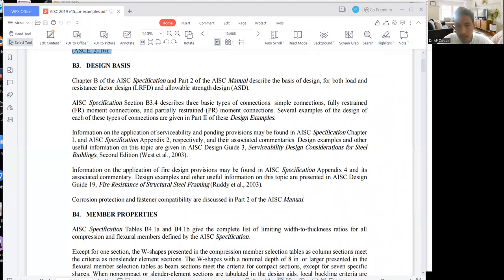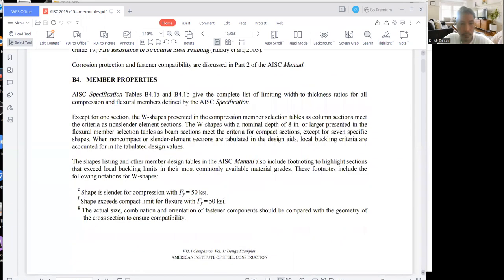So member properties. Member properties are usually tabulated. So like this one, table B4.1A, B4.1B. Okay, so those are very important. Table of ratios limiting width to thickness.